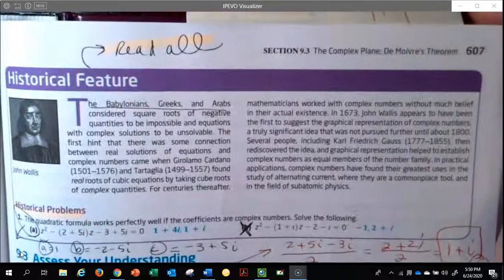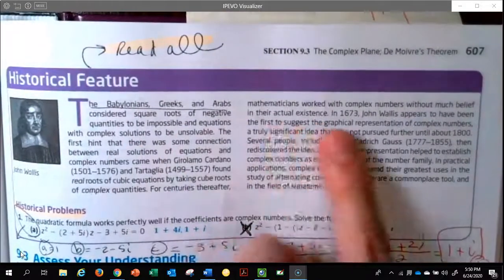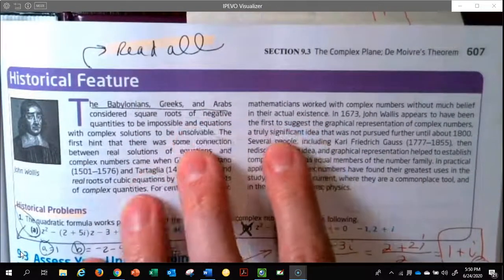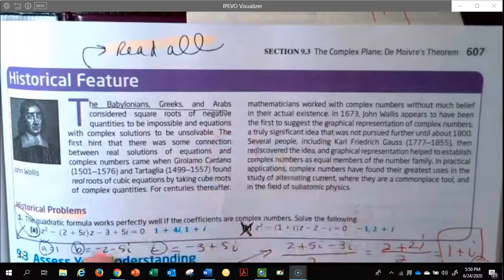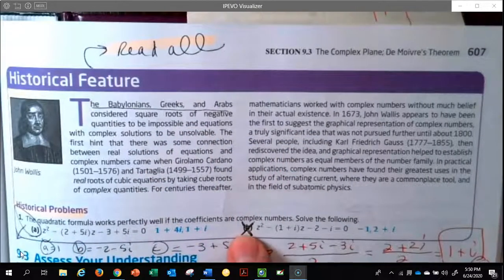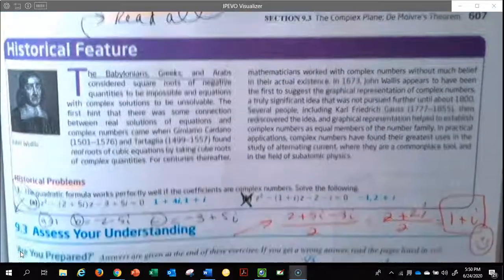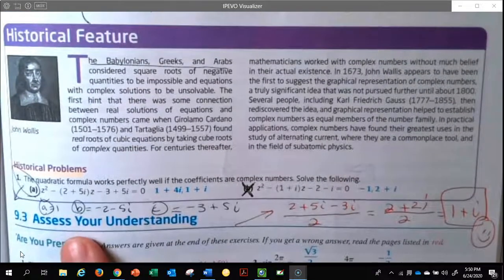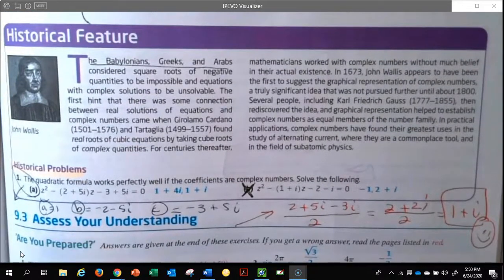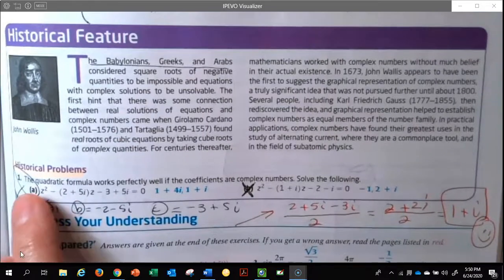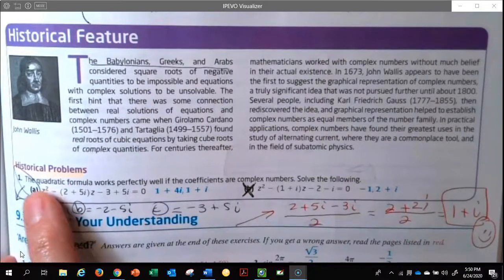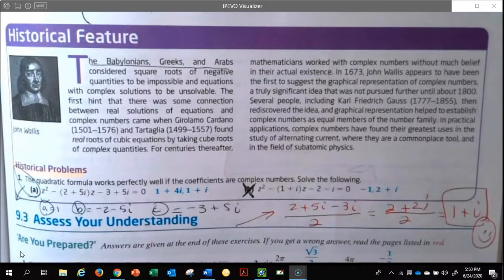The last thing I want to point out is at the top of 607, I would love for you to read all of this historical feature. I love it. And when you get through reading it, you might try A. Don't worry about B, but try A, and here's a little hint. They're talking about using the quadratic formula. Looking at the quadratic formula, it's x equals negative b plus or minus the square root of b squared minus 4ac, all over 2a.